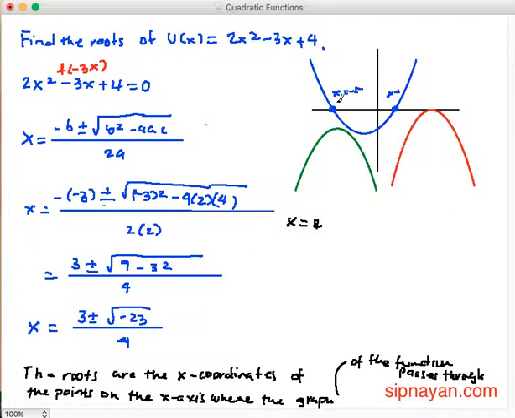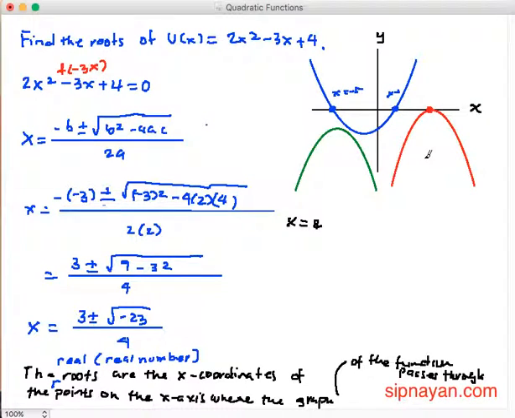Now, this one has two roots that are real numbers. By the way, we are only limited to the real roots here. If you have two real roots, the graph intersects the x-axis twice. If you have only one root, there is only one intersection.